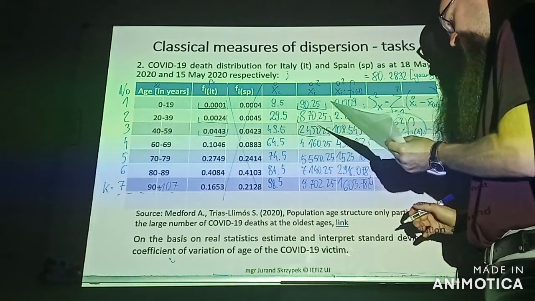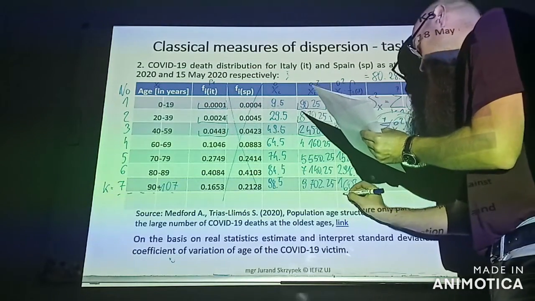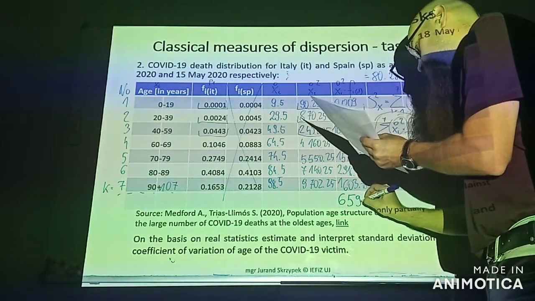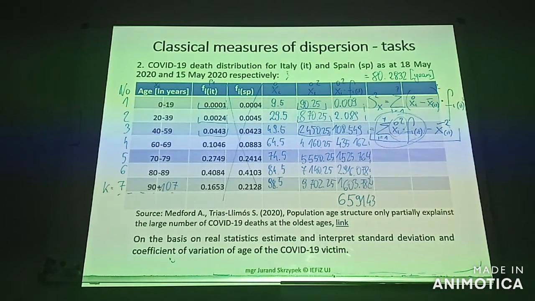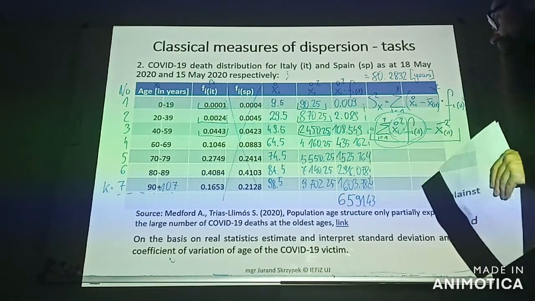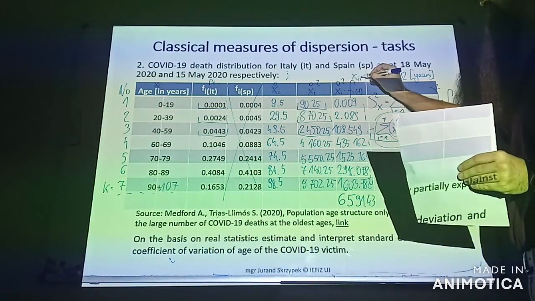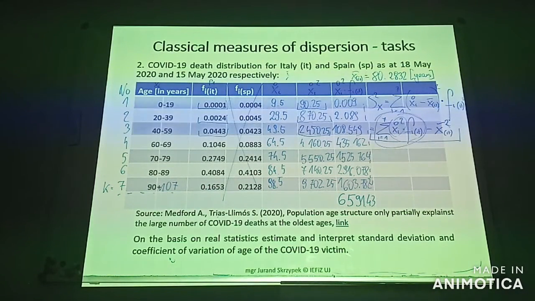According to Excel, the sum of these products is 6,591.43. Yeah? All right. So now we have the partial results, and we are able to compute the variance of age of Italian COVID-19 victims.